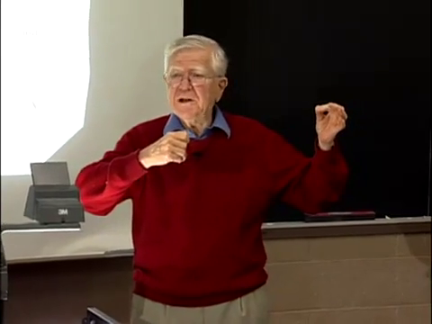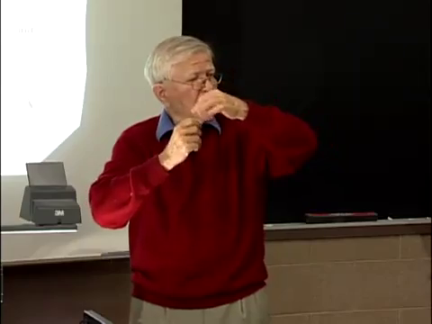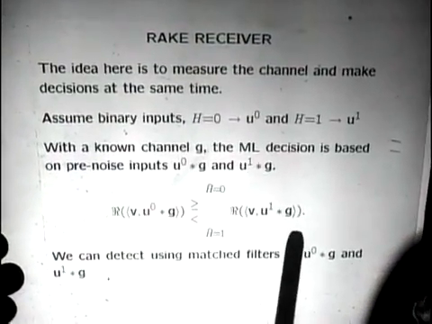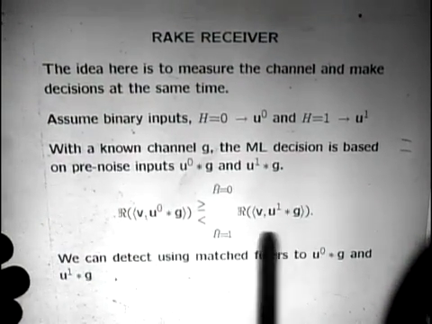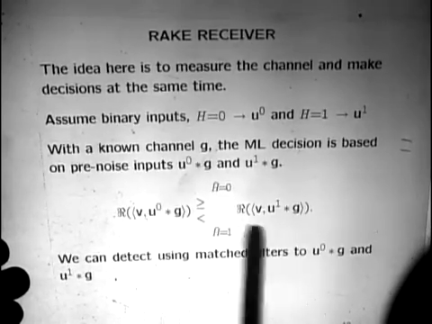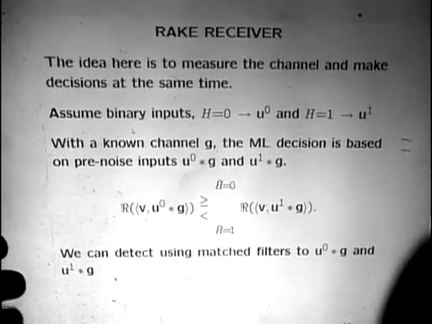We know what the channel is, and therefore what exists right before the white noise is added is these two signals, U0 convolved with G and U1 convolved with G. So we're doing binary detection on those two known signals, and we're using the output to try to make the best choice between them.